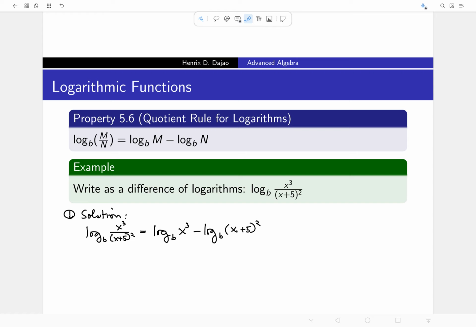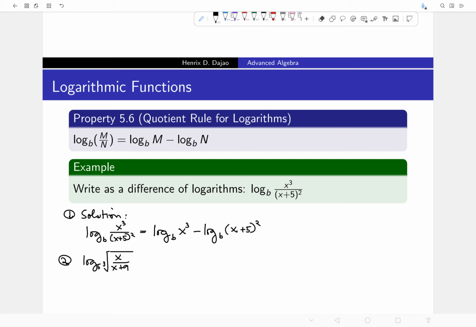Okay, another example. A cube root of the quantity x over x plus 9 with base 5.